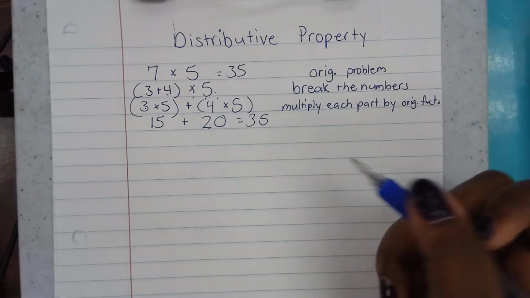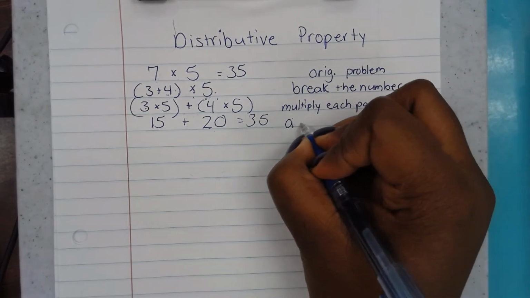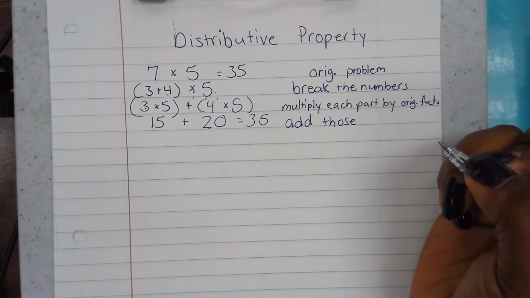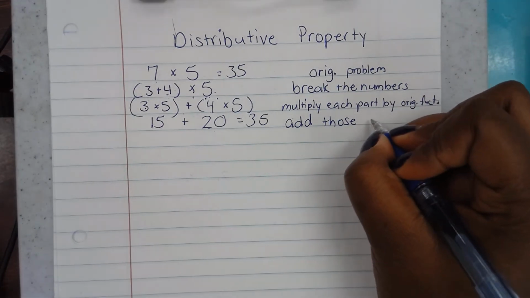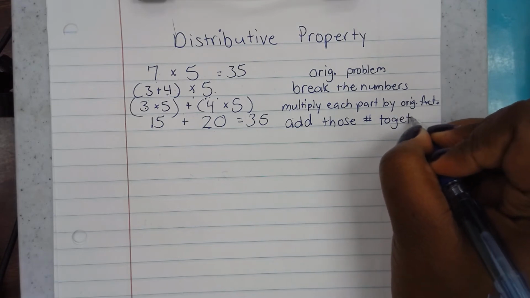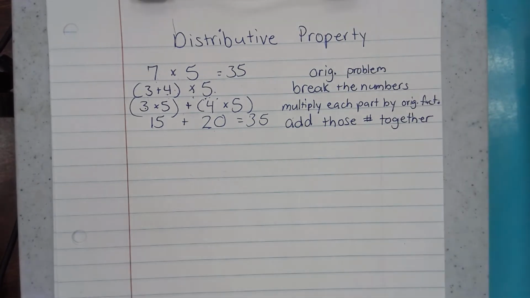And then the next part is to add those answers or add those numbers back together. Okay, so those are the steps we take. We break the numbers, we multiply each of those parts by that factor, and then we add those answers back together to get the answer. So this is what the distributive property looks like.